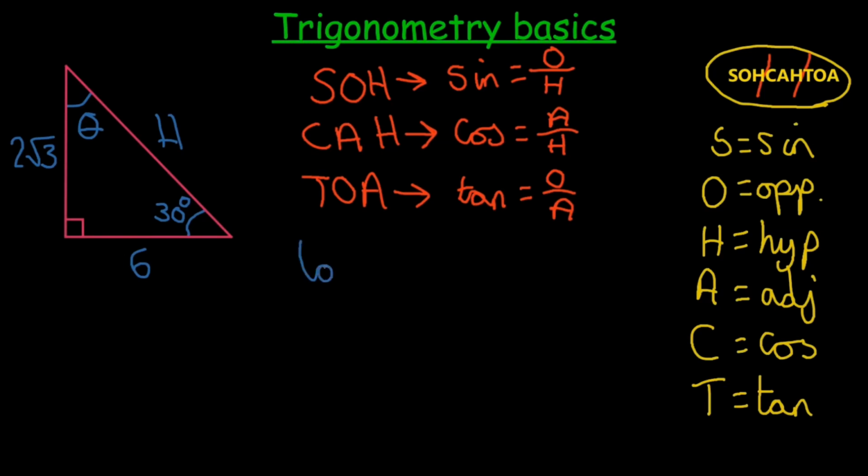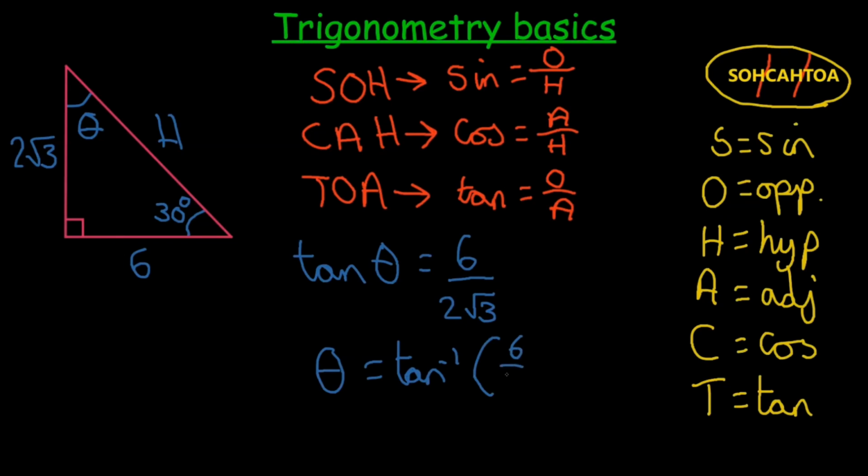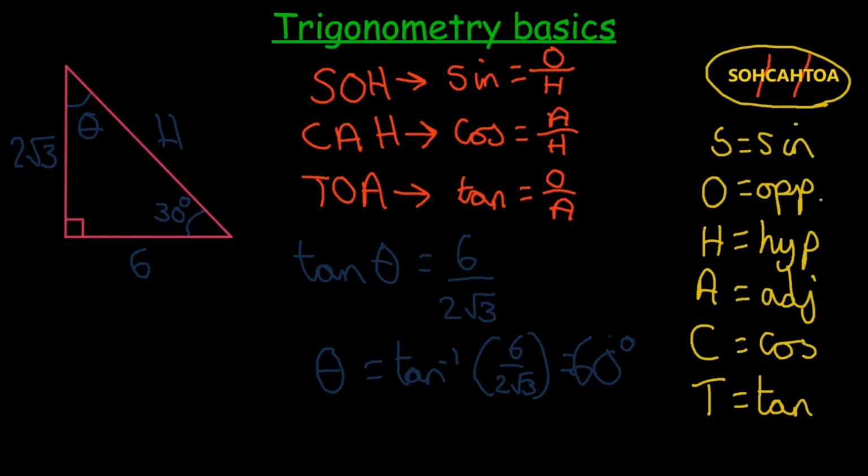So the tan of angle theta is equal to 6 divided by 2 root 3, which means theta is equal to the inverse tan or arctan of 6 divided by 2 root 3, which is equal to 60 degrees. Very nice. Let's do another one.